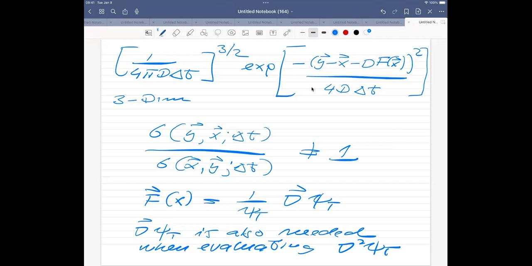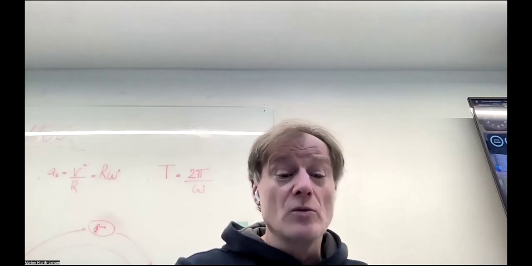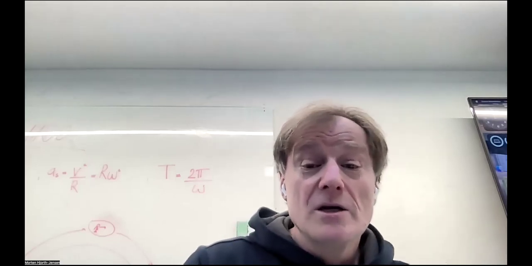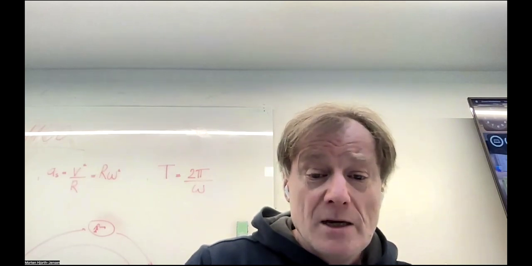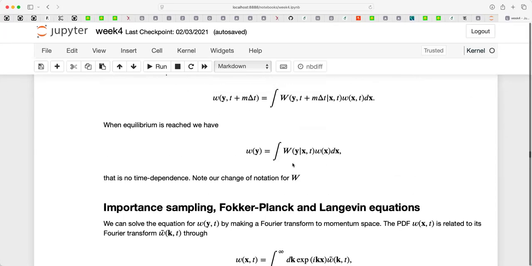And next week, we are going to look at how we can program this efficiently. I will also repeat some of these things next week, and I will try to also bring in this Langevin equation, because the Langevin equation is the one we use in order to let the random walker jump in space. So let me bring that back again here so that you have all the small gritty details.